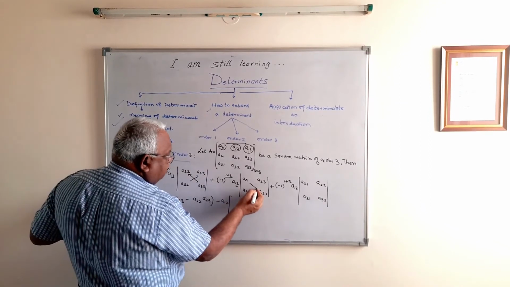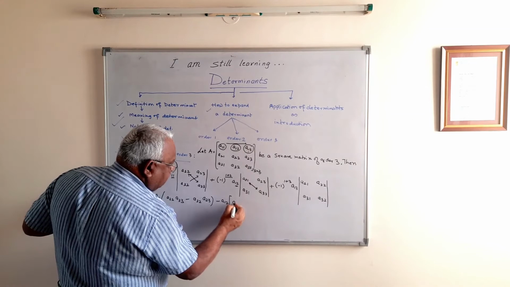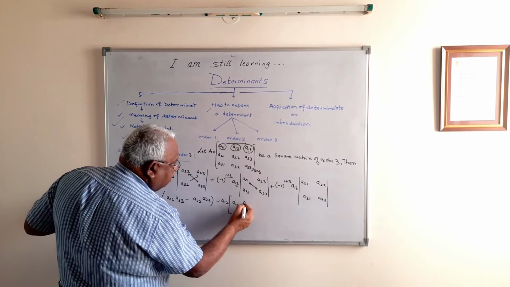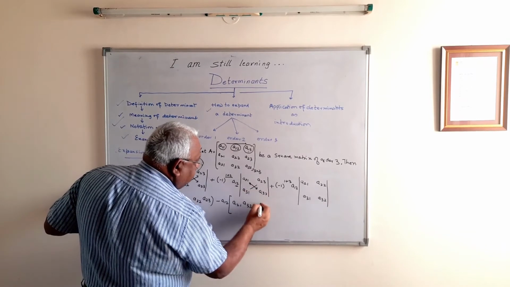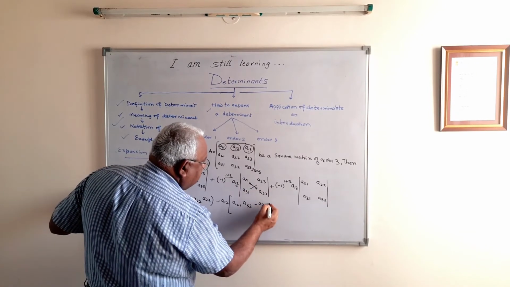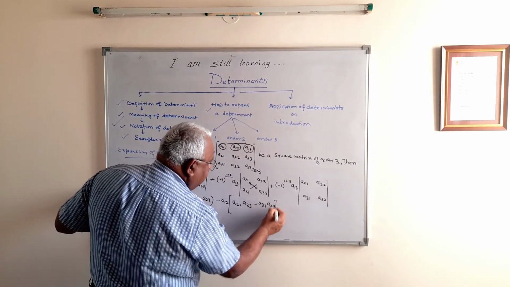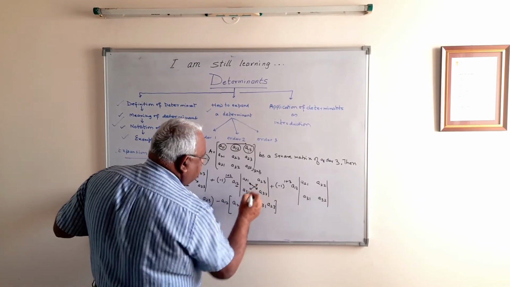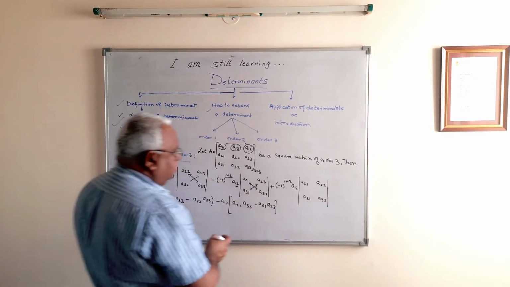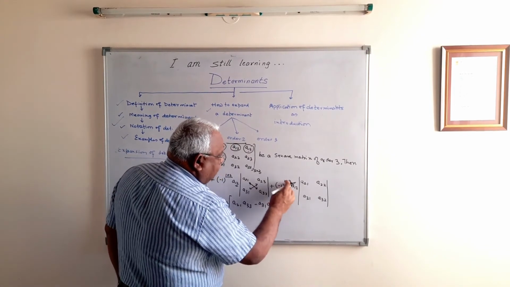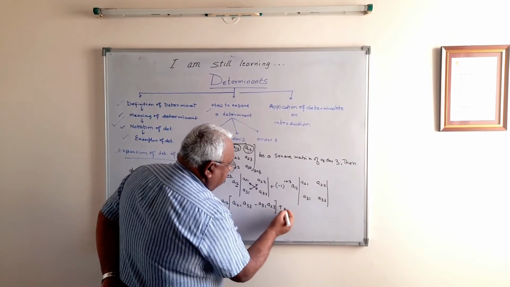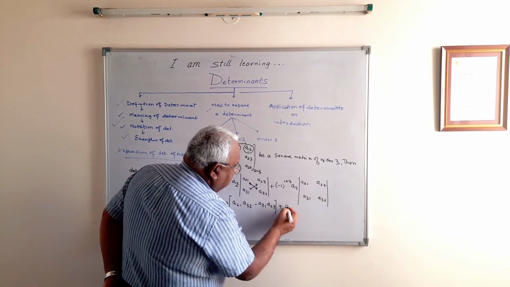Now again, multiply A21, A33 minus A31, A23. Just be careful. I may commit a mistake, so I have to be very careful, right? This is also 1 plus 3, even, so it will be positive.